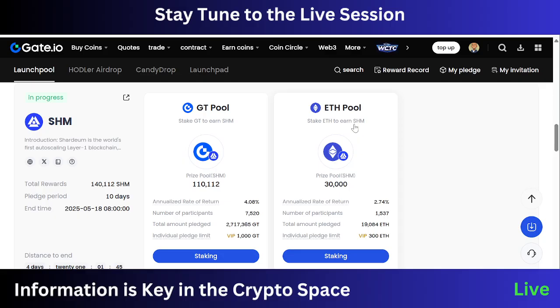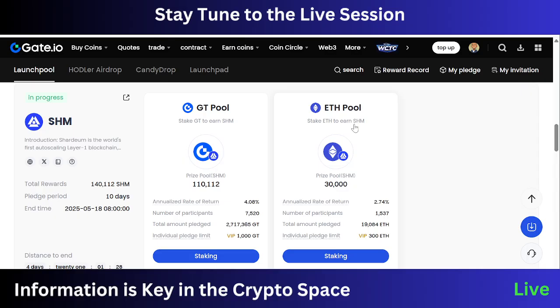You can either stake GT, the GT token, to earn SHM, or you can stake ETH to earn SHM.